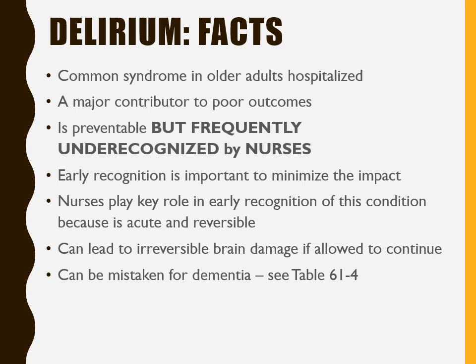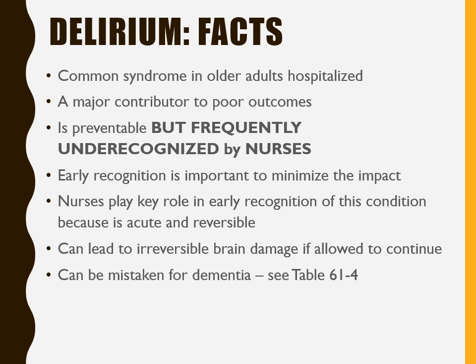So unfortunately, it's really important that you recognize when there is the beginnings of delirium in a patient. Early recognition is really important to minimize this impact. And you as the nurse are actually part of that role in discovering what is delirium.